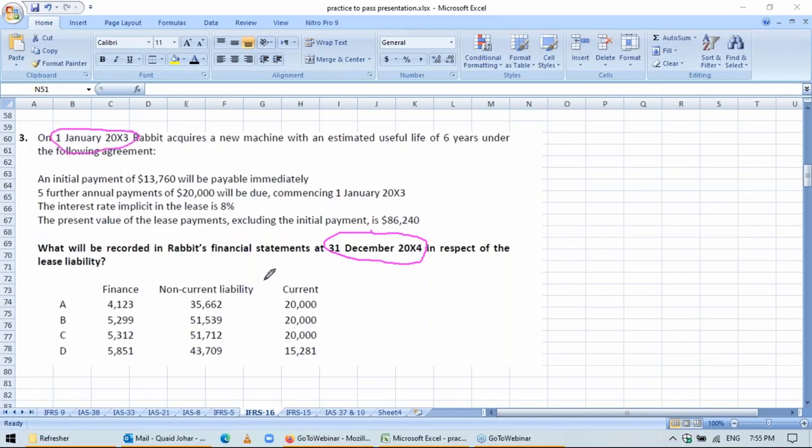Means they are talking about the end of the second year. Lease has been signed in 2003, and these people are talking about the second year. So let's make the same schedule which I drew earlier, the lease amortization schedule.